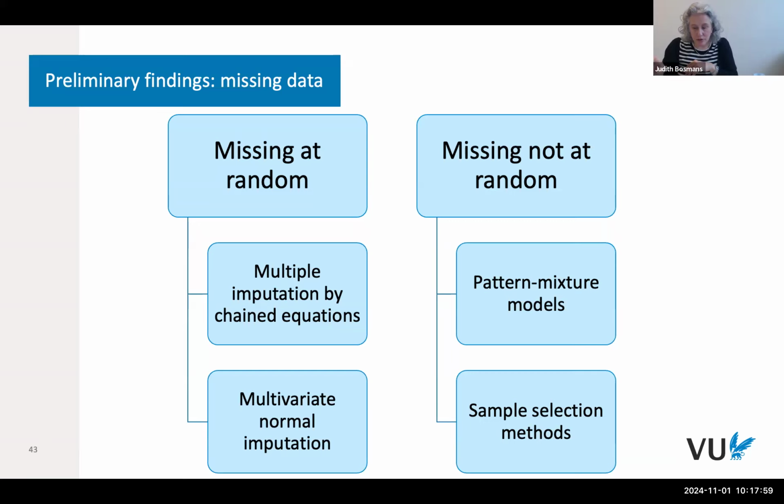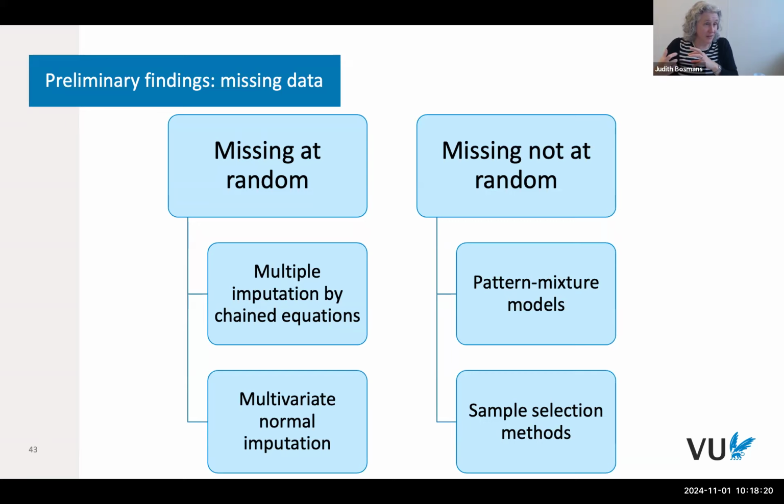And in sample selection models, you try to model the mechanism by which data is selected, so by which the data is missing. So you try to model the underlying missing data mechanism.